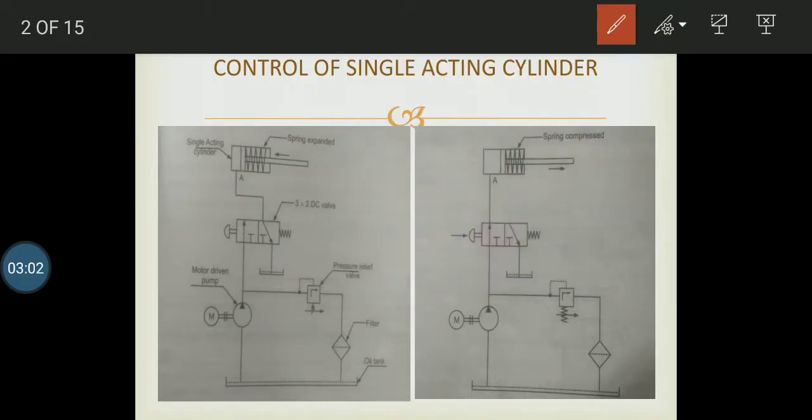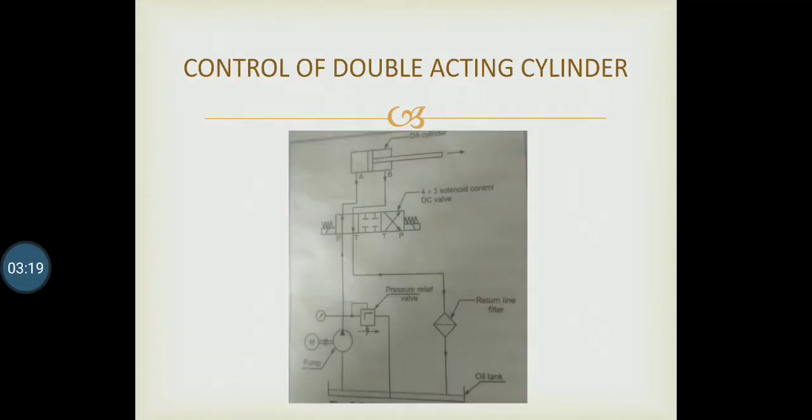So this is a complete system in which we are dealing with the 3x2 DCV, allowing the single acting cylinder to get filled and then drained in the second section. This is the single acting cylinder.